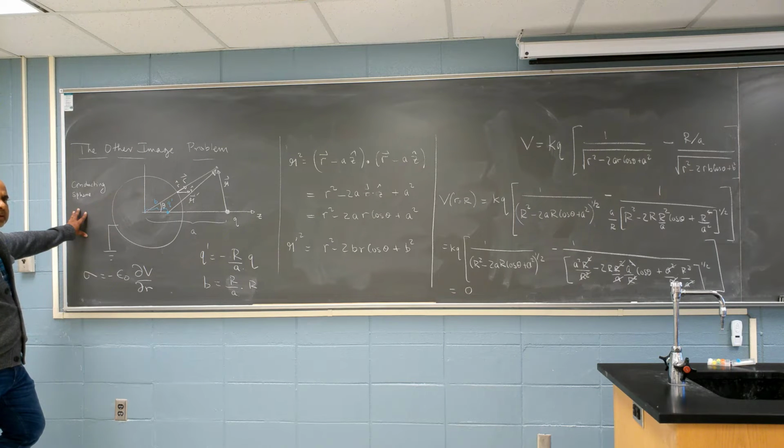Now, don't hold me to this. It's a very good question. If it's not grounded, if it still has to be an equipotential, then you could presumably add a constant, but then there's a problem with that.